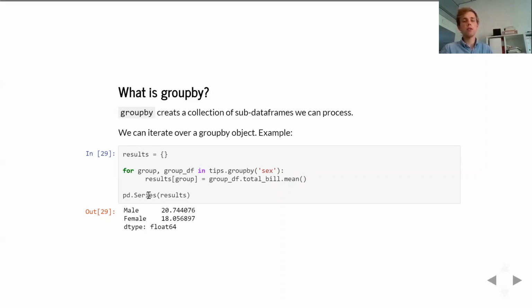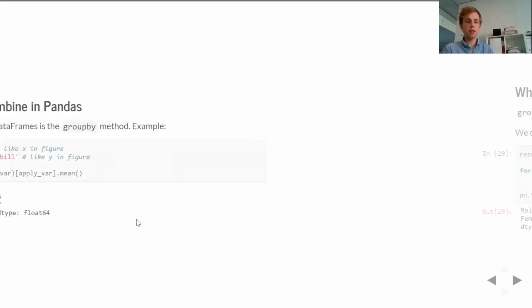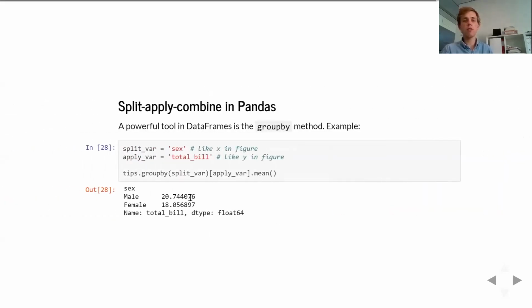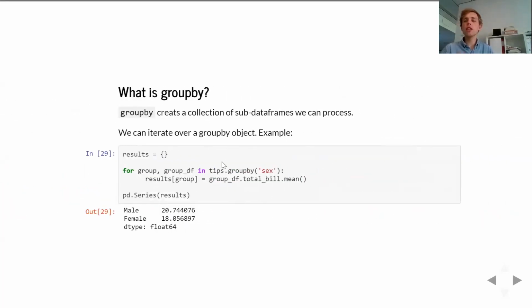Then finally I use the Pandas series constructor in order to create a pandas series based on these results, based on this computation. And what I get out of it is exactly this. This is exactly what I had before, right? You can think of it as this is really what's going on when we use this split, apply, combine framework in pandas. So group by is essential here.